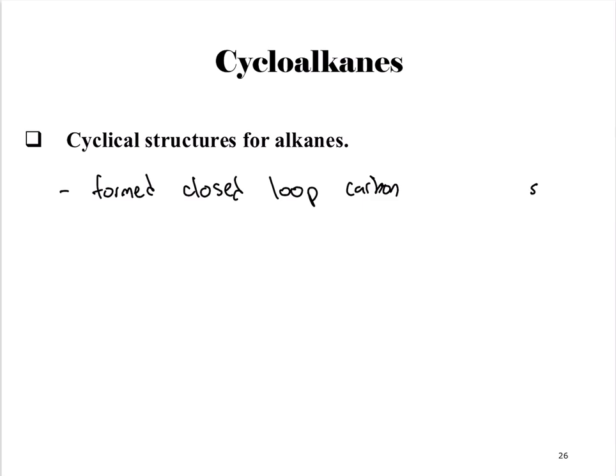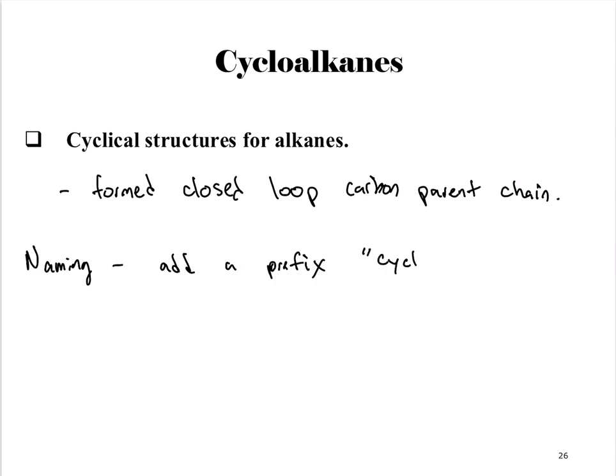Write that here. Right, so the parent chain forms a closed loop, and that basically makes these ring structures. And so for naming for these, we just add a prefix, cyclo.